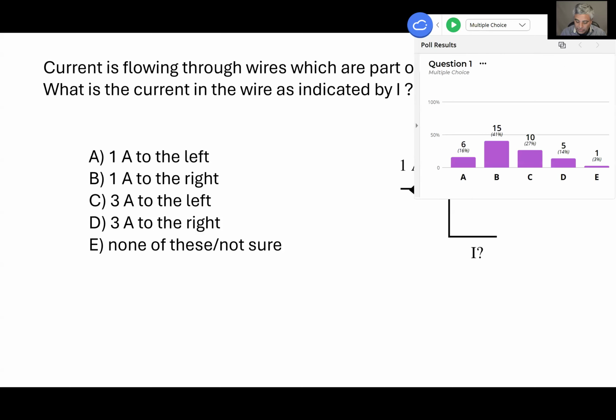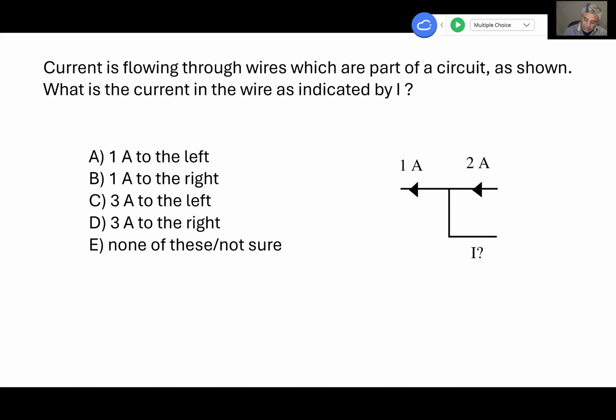Okay, let's see how we did here. So we have all of those. Okay. All choices get some love. Okay. So a bit more for B. So here is a junction. So in the junction, 2 ampere is arriving here, and over here 1 ampere is leaving there.